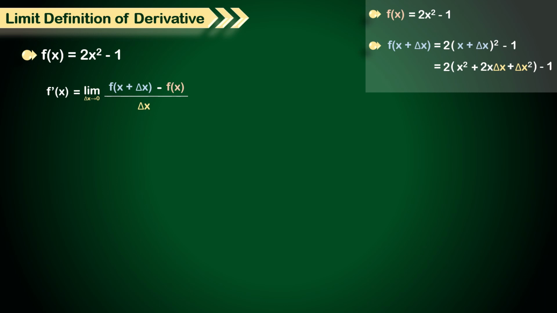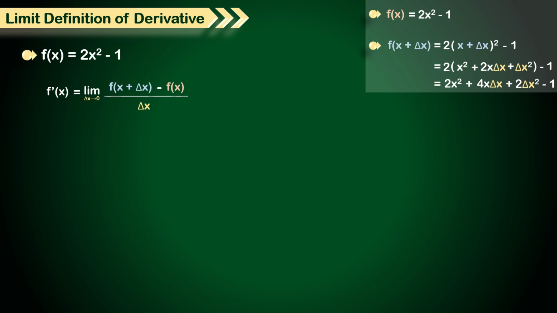Distribute 2 to each term of x squared plus 2x delta x plus delta x squared. And it is equal to 2x squared plus 4x delta x plus 2 delta x squared subtracted to 1.